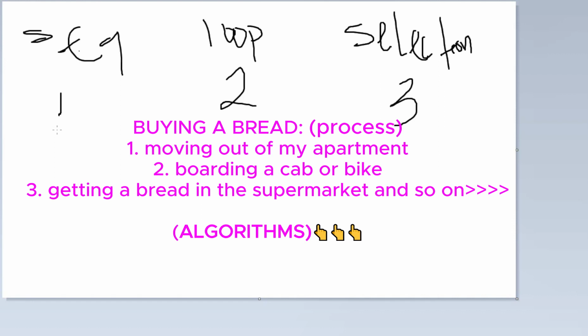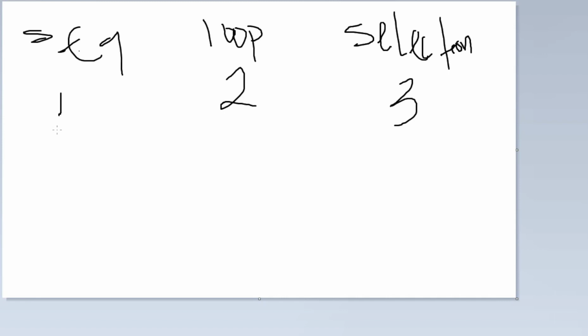The first step I'll take is moving out of my apartment. That's the first action. Then taking a bike or a cab from my place of abode. Those are the actions I would need to take, one step at a time, a step by step process.